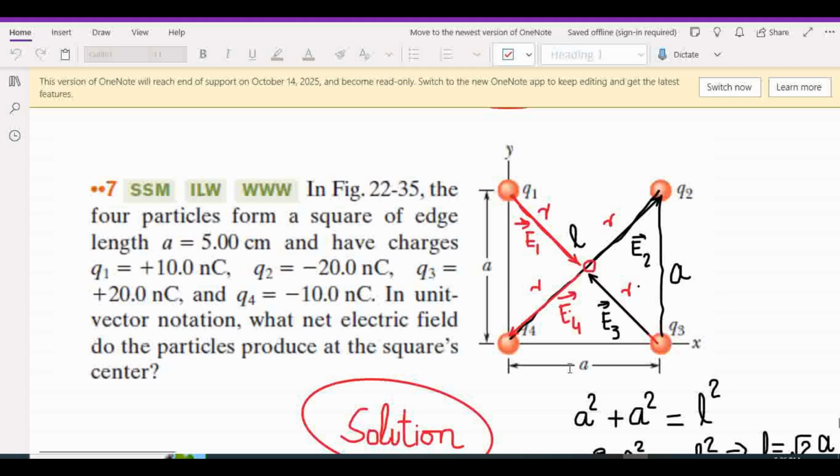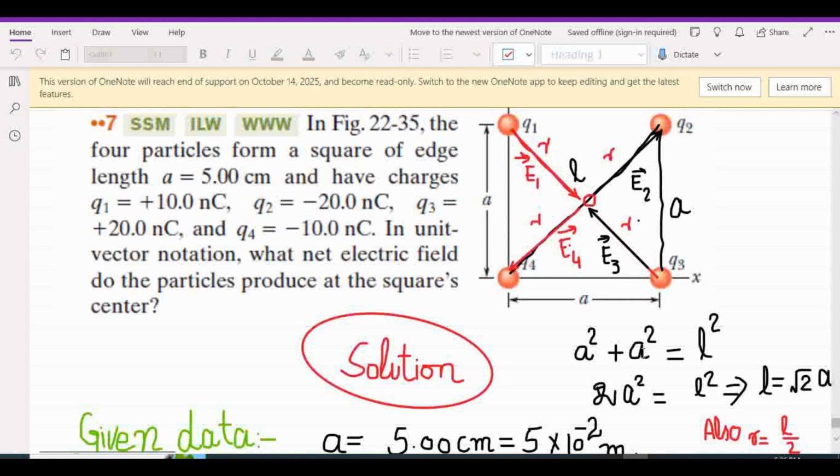So a squared plus a squared should be equal to, let this length be L, L squared. If you simplify it, a squared plus a squared is 2a squared, equal to L squared, or L is equal to the square root of 2 a squared, so L is equal to root 2 a.